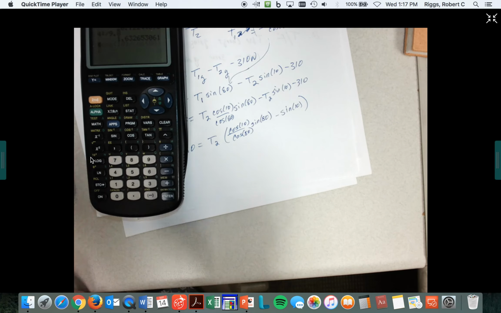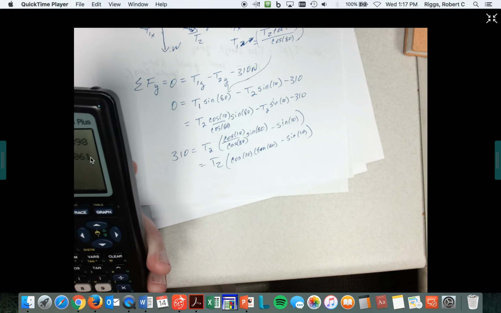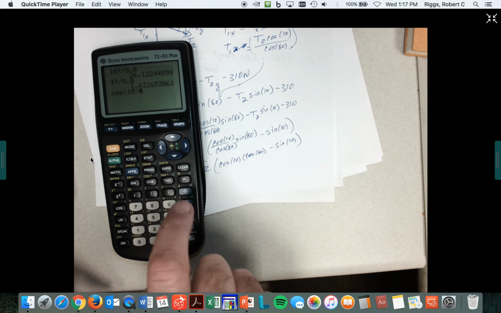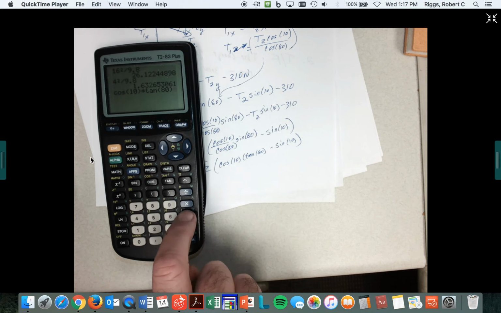So I am going to change this to T2 just to keep it straight. Cosine of 10 times the tangent, so everything's going straight across, times the tangent of 80 minus the sine of 10. Okay? So I got cosine 10 times the tangent of 80, gotta be careful, minus the sine of 10.